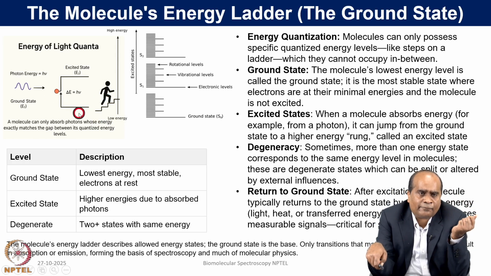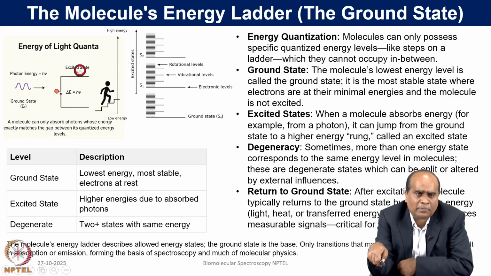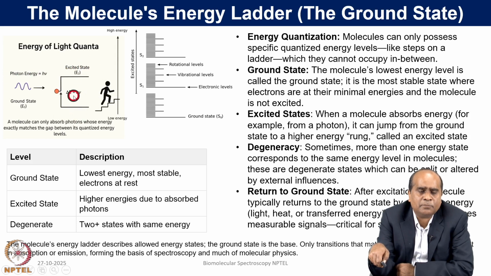Similarly, when a molecule goes from this state to this state, you require a photon energy, right. As I said, it cannot be done by thermal energy if the energy gap is too high. The photon energy h mu should match the energy gap between these two states. So, delta E, the energy gap between ground state and excited state, should match h mu, the energy coming from the photon, right.